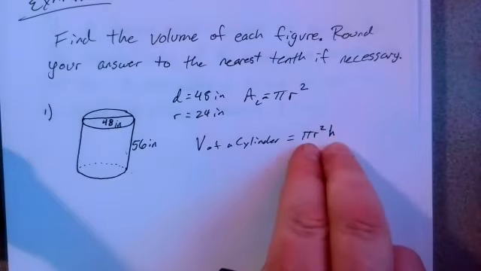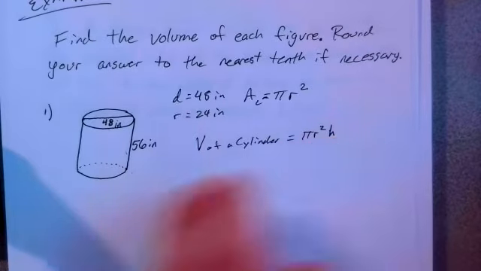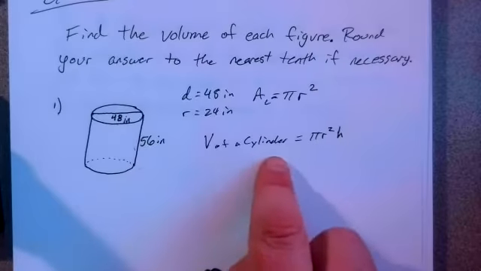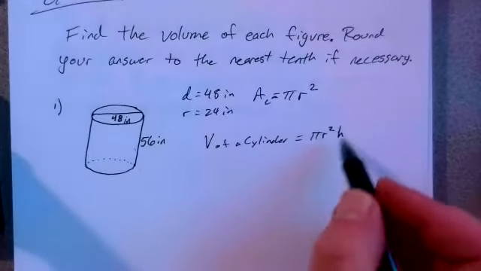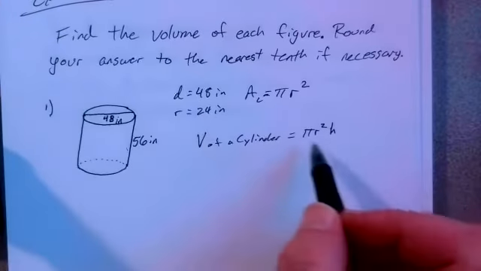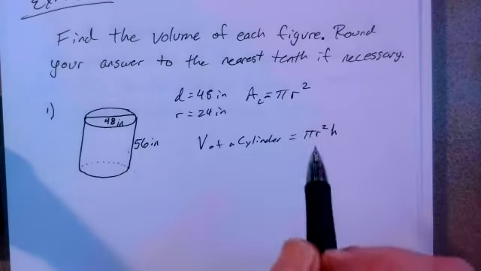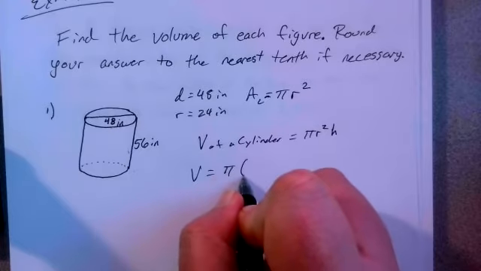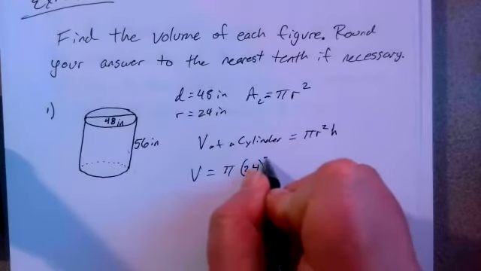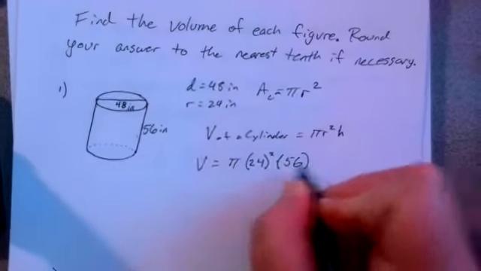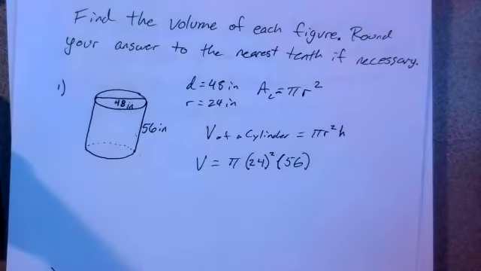Okay, so for the volume of this cylinder, pi r squared h, we know the r here is going to be 24 inches, and the h is 56. So for the volume, we get pi times 24 squared times 56. Use parentheses, be consistent.